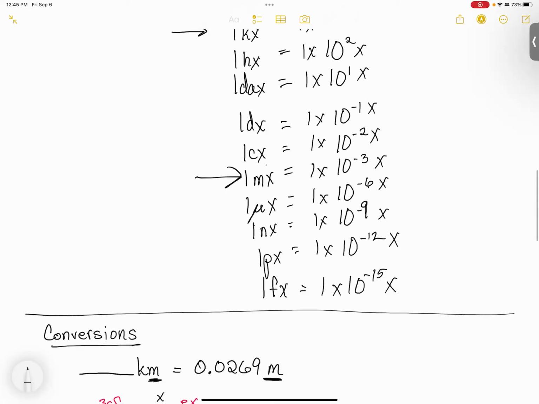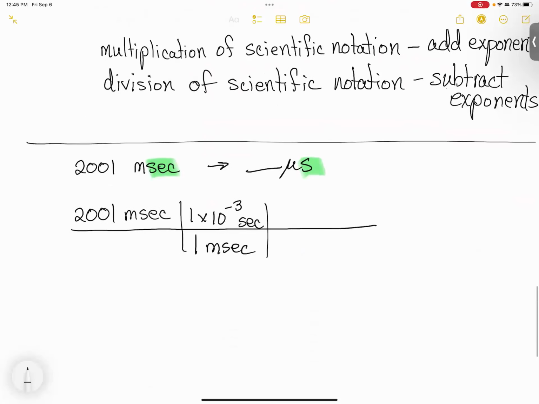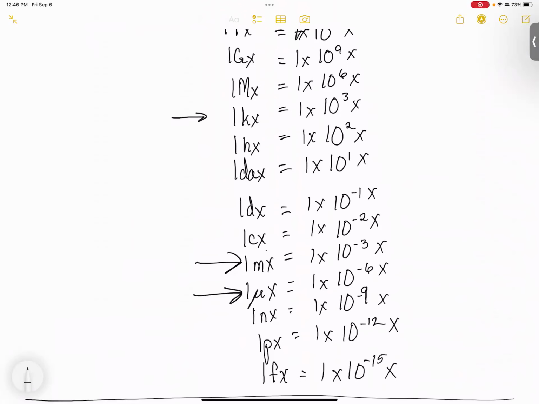Now for the other one, it's micro. So I look at it and what unit do I still have in the numerator? I have seconds. So which part of this equality has to go into the denominator on the micro? Will this, which is microseconds, go in the denominator, or will this, which is just seconds, go in the denominator? Seconds.